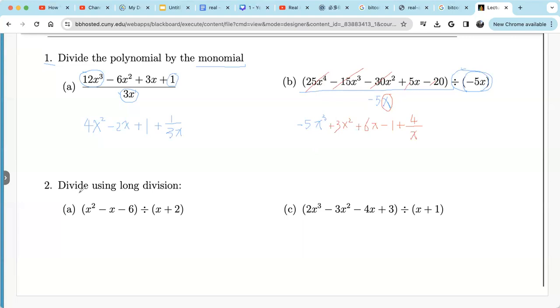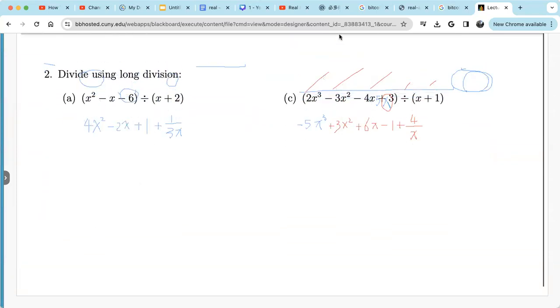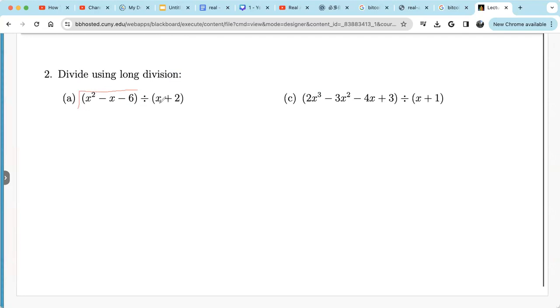Okay, now number 2, we need to use long division. Let's move up a little bit. Increase this. Use long division, so we put the sign here. Then we move x plus 2 here.